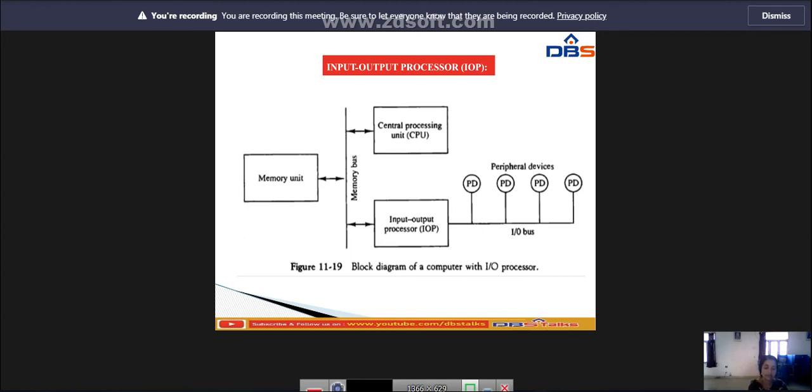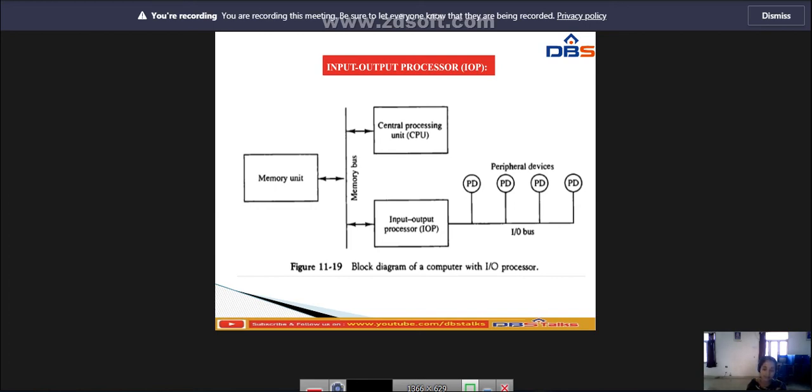The data formats of peripheral devices differ from those of memory and the CPU.